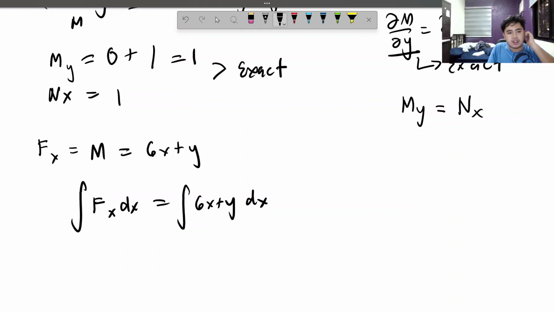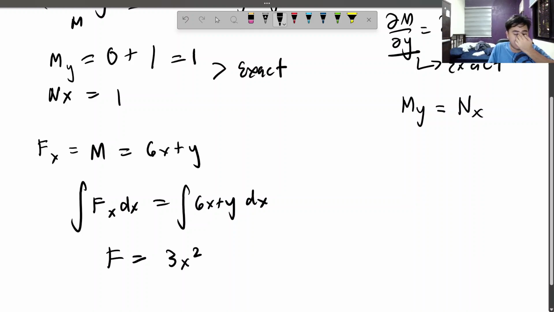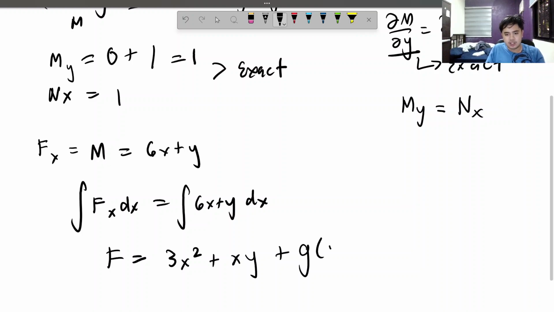From here, the integral of the derivative of f with respect to x is just f. And in here, the integral of 6x is 3x squared. The integral of y is just a constant times x, so we have y times the integral of that, which is x. All right. And then we need to add an arbitrary function.